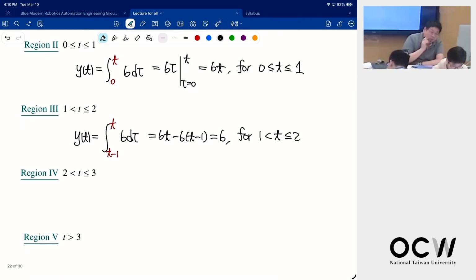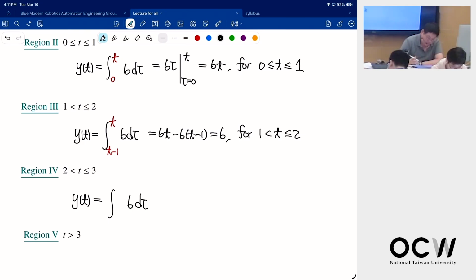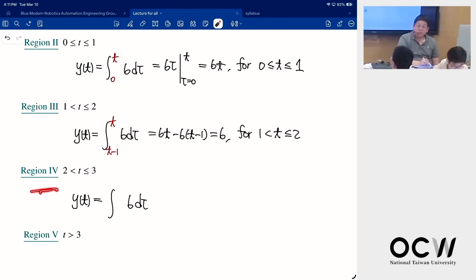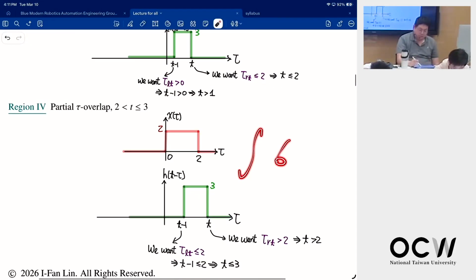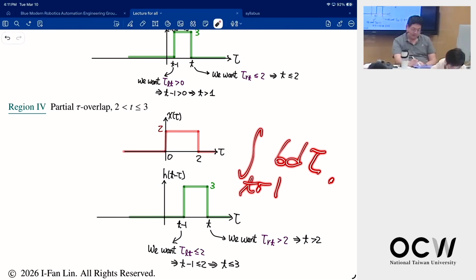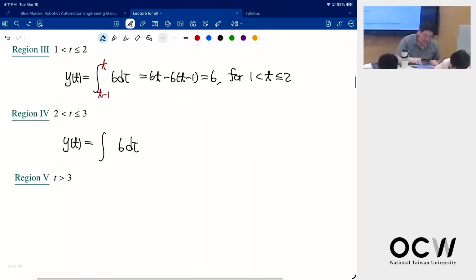Now we have a partial overlap. So here 6 d tau. Again, what is the lower bound and upper bound? Region 4. Go back to region 4. So what is your upper bound and lower bound? Very good. Here is t minus 1 to 2.